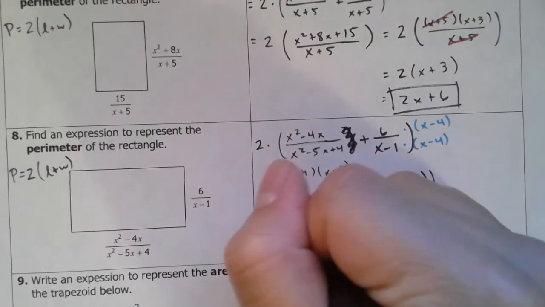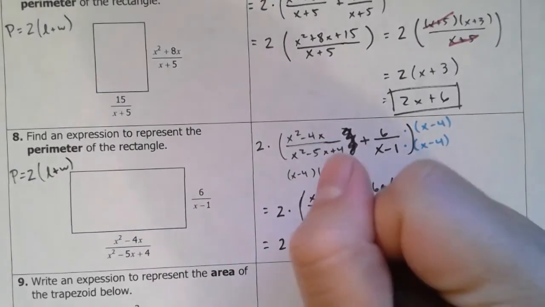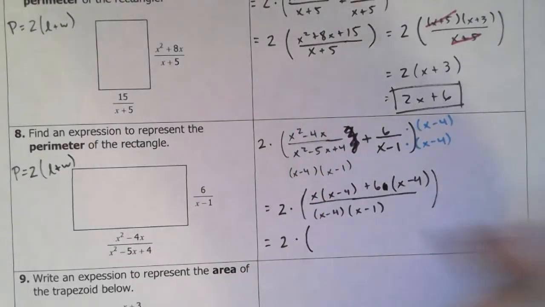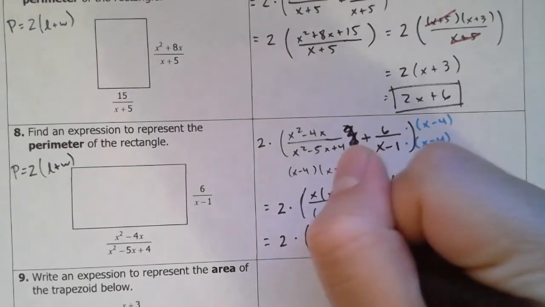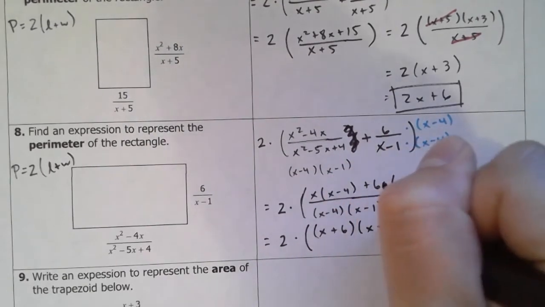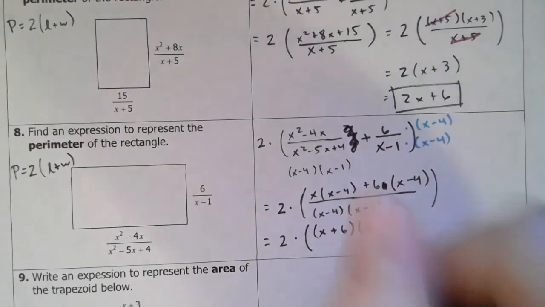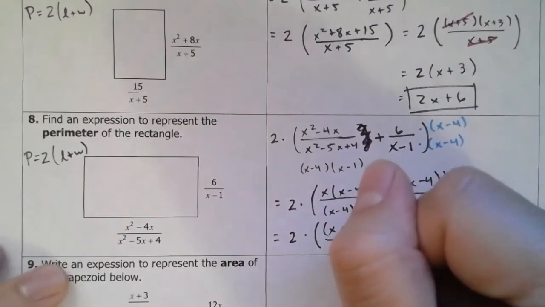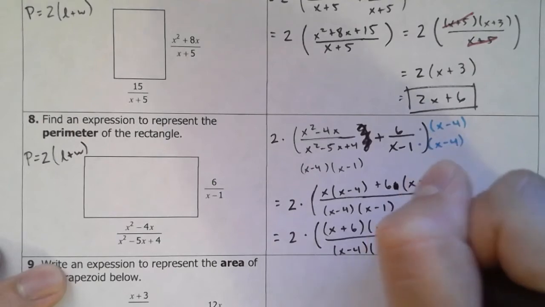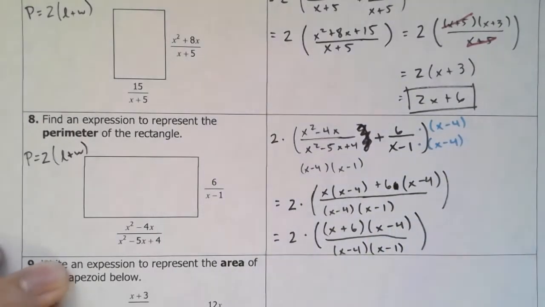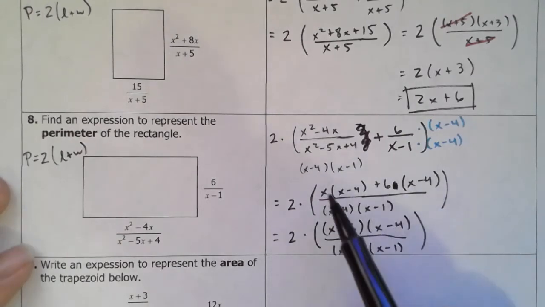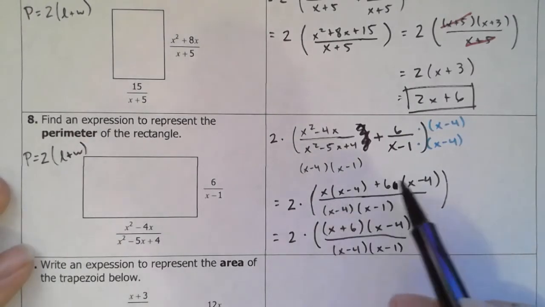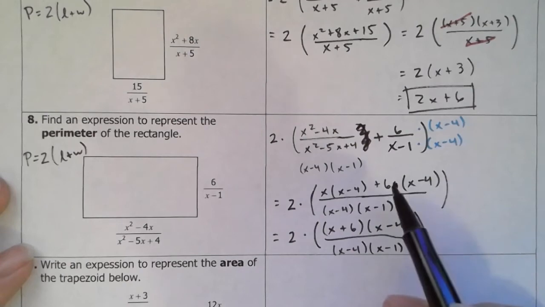So I can actually just go ahead and rewrite that numerator as x plus 6 times x minus 4, and then that's over x minus 4, x minus 1. So maybe if you want to pause the video, just check your work, distribute this in, then distribute this in, and then combine like terms. You're going to get some quadratic.